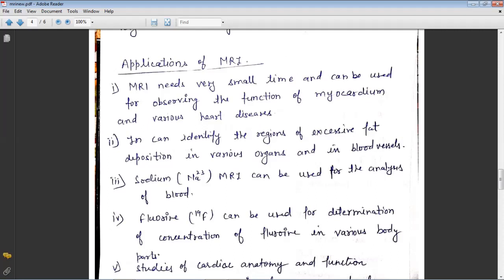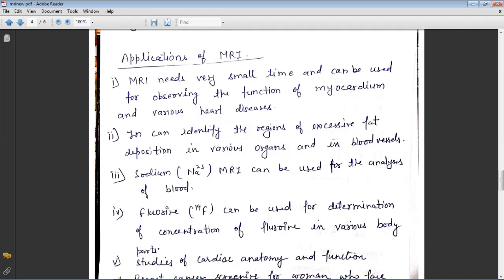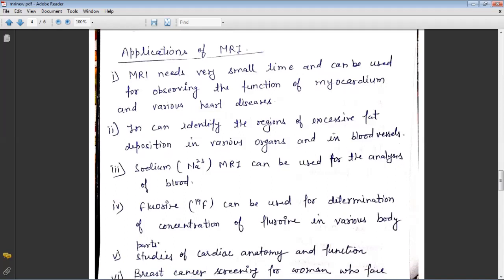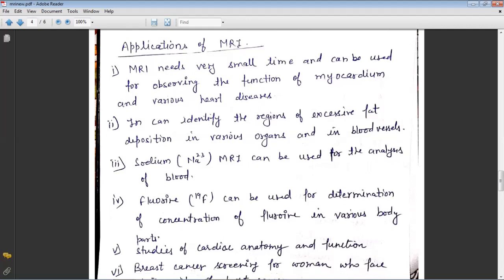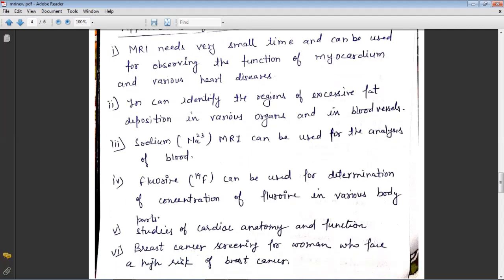Second, it can identify the reason for excessive fat deposition in various organs and in blood vessels. Then sodium, atomic number 23: here the MRI can be used for the analysis of blood, and fluorine can be used for the determination of the concentration of fluorine in various body parts.